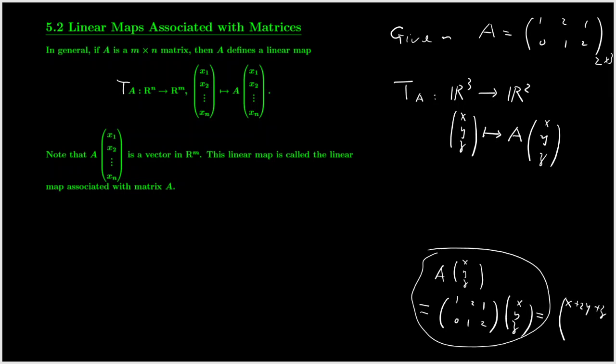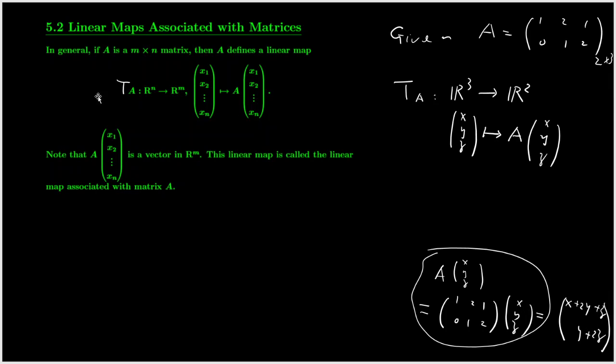And then you use the second row to multiply the column x, y, and z. You have y plus 2z. I do know all of you have no problem multiplying matrices. I believe you can follow me.